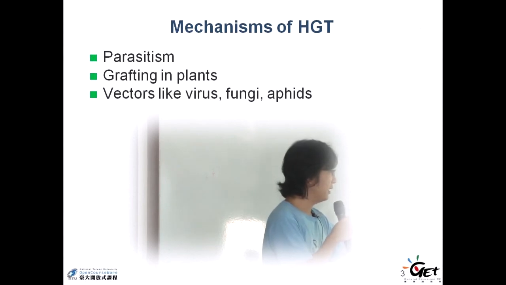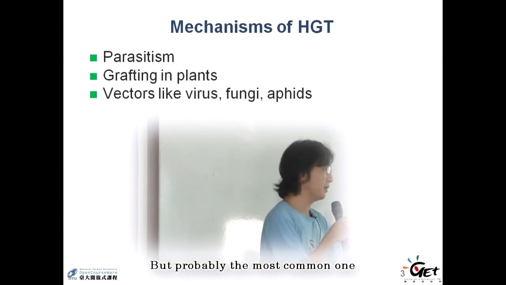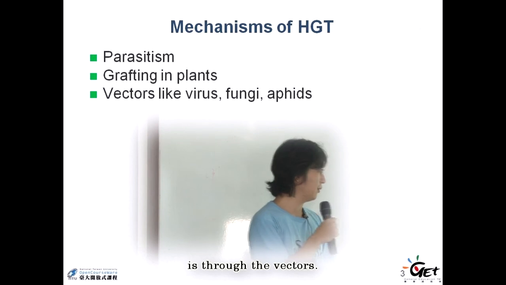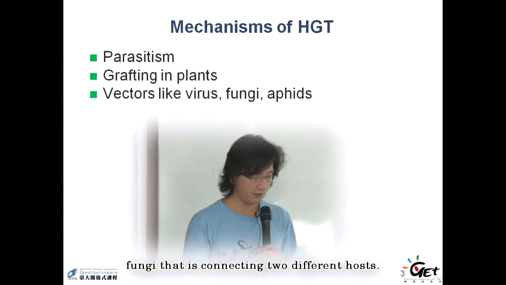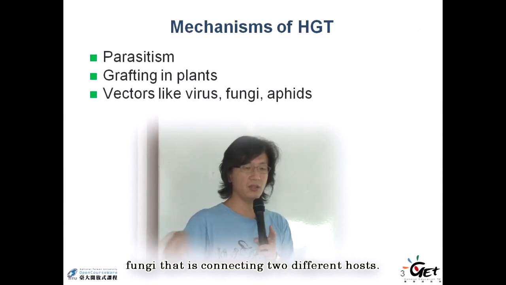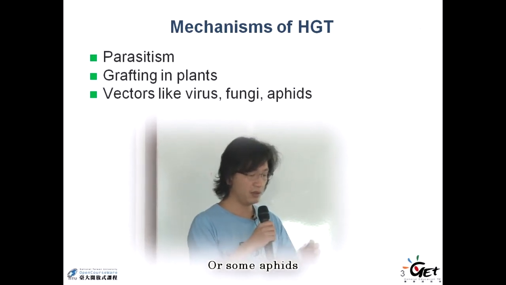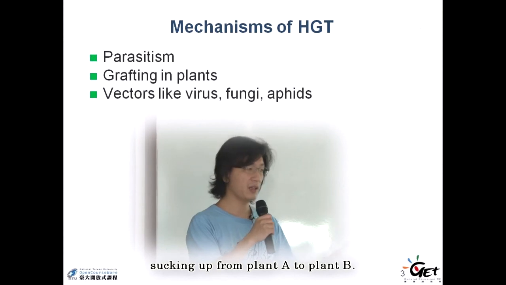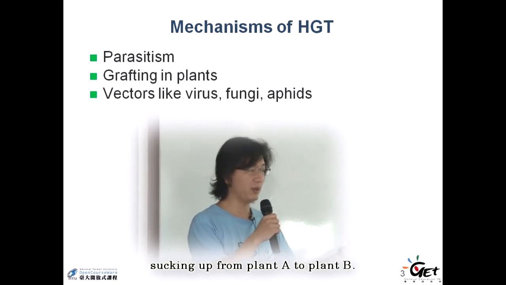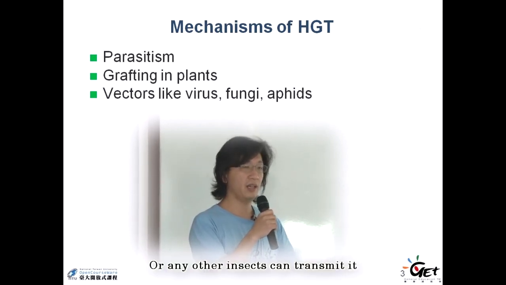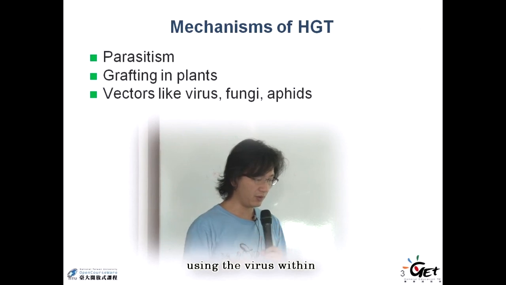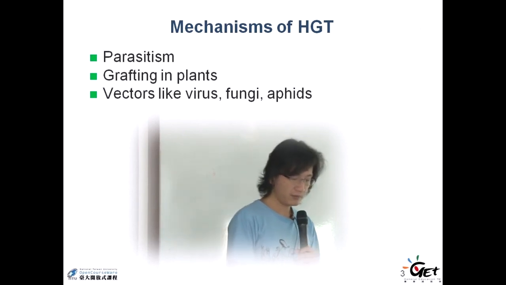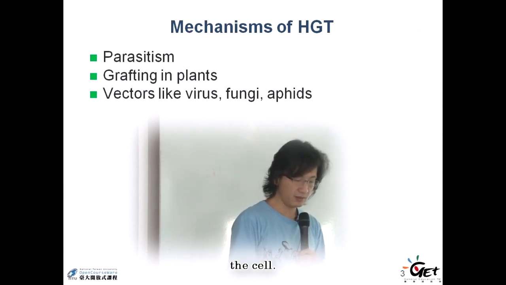And the last, but probably the most common one, is through vectors. The vectors could be viruses, could be fungi connecting two different hosts, or aphids sucking up the plants from plant A to plant B, or any other insects that can transmit it using the virus within the cell.